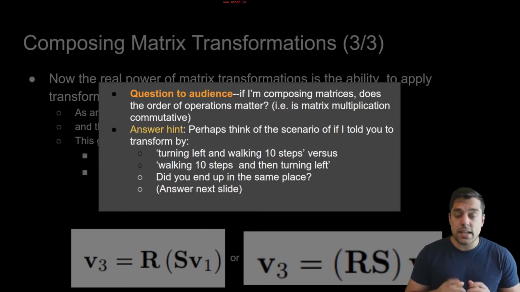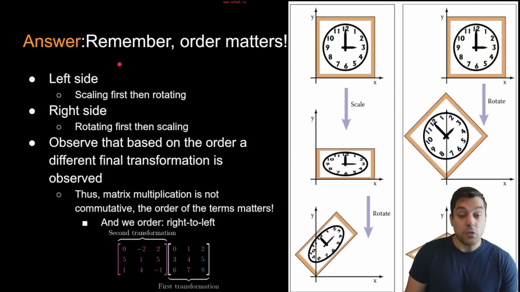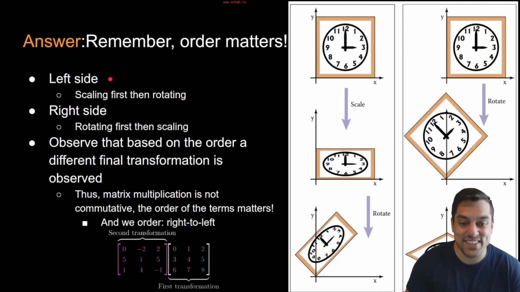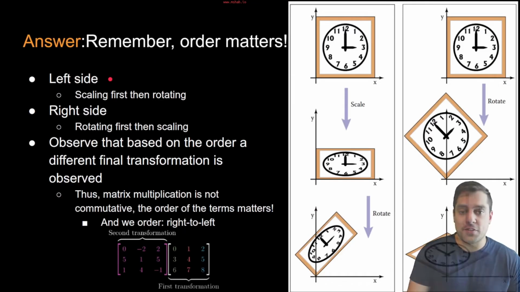And then go back to your same starting location, the same orientation, and then do the same experiment where this time you just walk 10 steps forward and then turn left. You're going to be in 2 different spots, hopefully, if you do this experiment right. So follow these directions here. And then that's the answer: order matters.